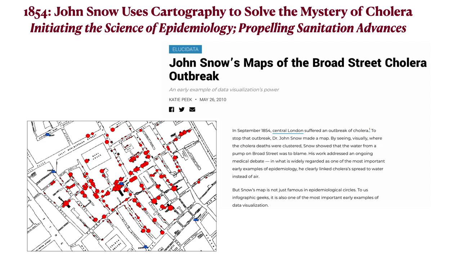He was able to map out people getting cholera and show that in one part of London they were all getting water from one pump, the Broad Street pump. And he was able to deduce that the disease was being spread by the water from this pump.